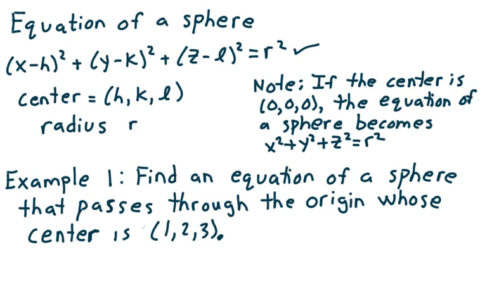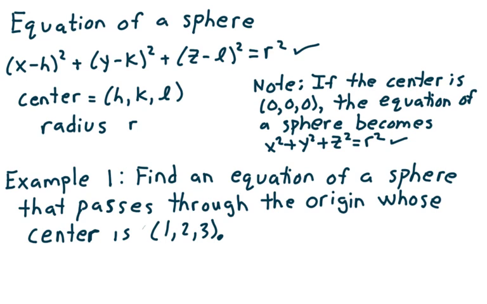The center is (h, k, l) and the radius is r. Now, one thing I'd like you to note is if the center is (0, 0, 0), the equation of a sphere becomes x squared plus y squared plus z squared is equal to r squared. So it's just a special case.